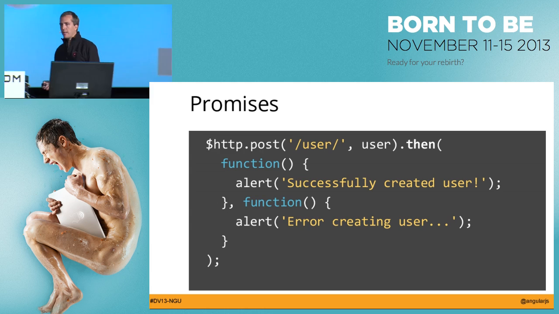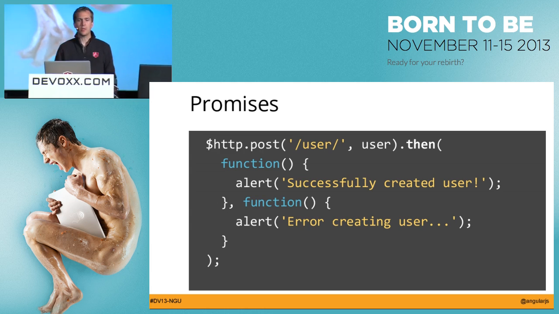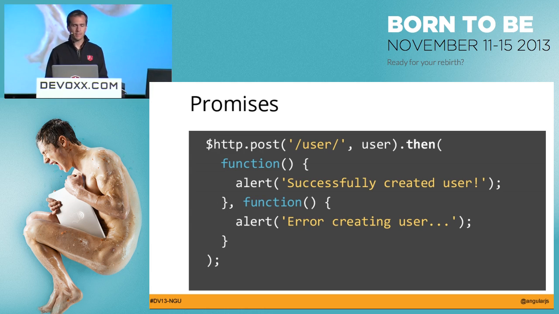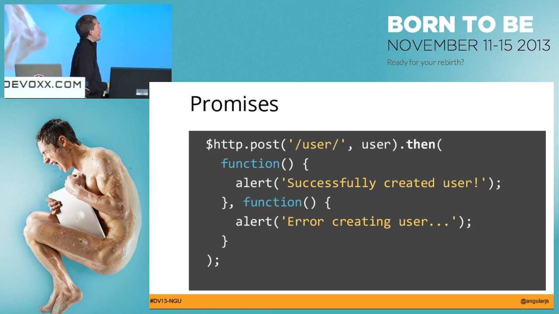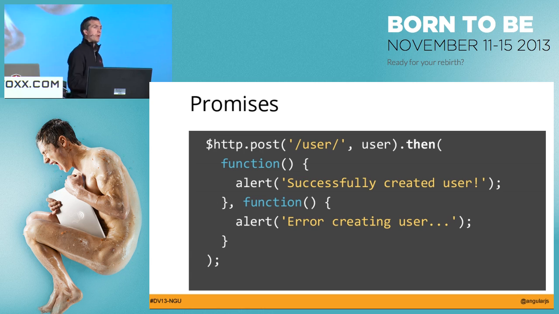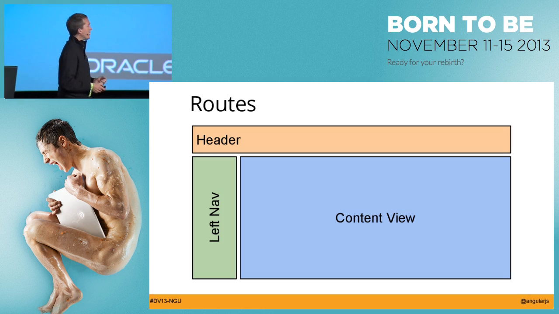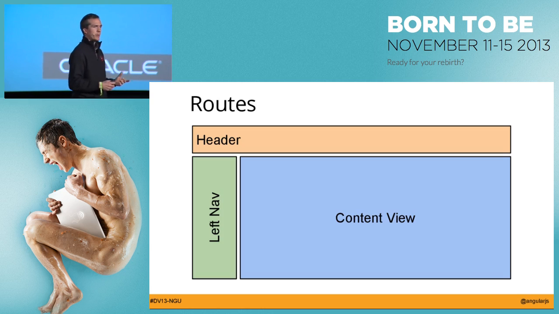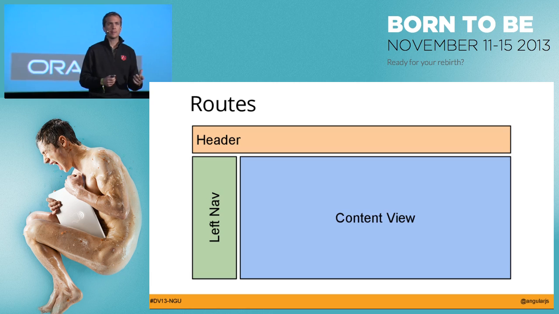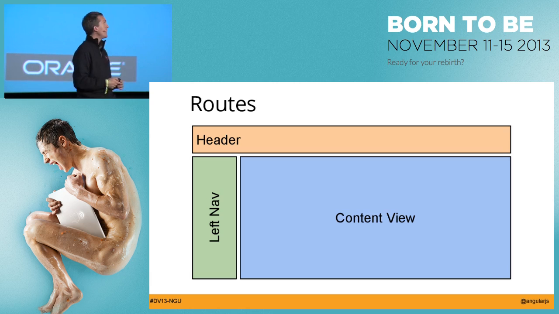And they can do it because $http returns what's called a promise. And promises look like synchronous code. It's just a better way to organize callbacks. If you're familiar with promises, we have recently in 1.2 upgraded them so they're compliant with what's called the A+ promise suite. And I think Igor might talk about that a little bit later.